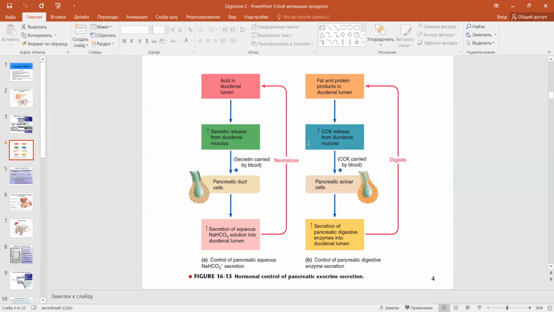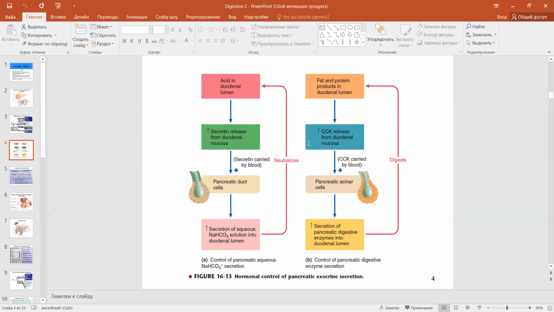Pancreatic exocrine secretion is regulated primarily by hormonal mechanisms. A small amount of parasympathetically induced pancreatic secretion occurs during the cephalic phase of digestion, with a further token increase occurring during the gastric phase in response to gastrin.